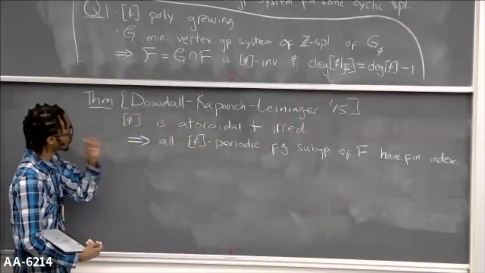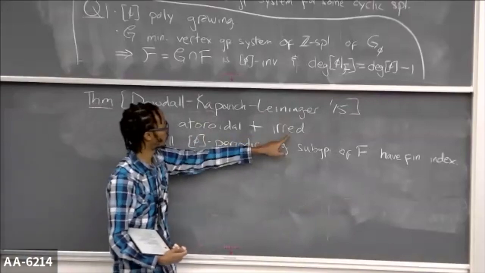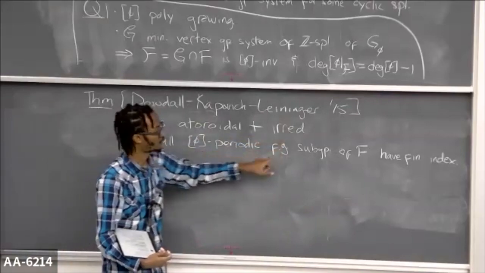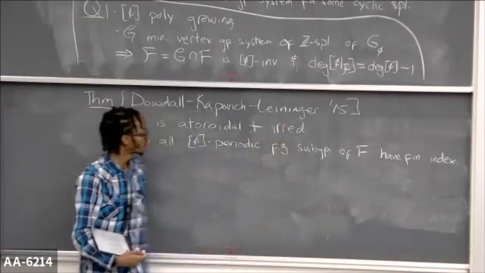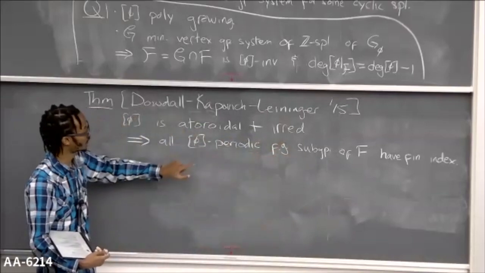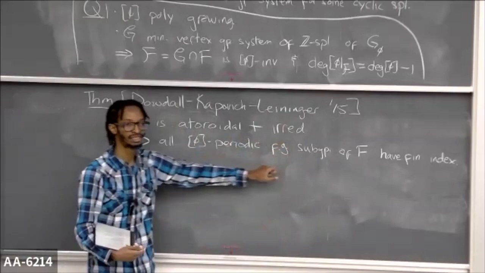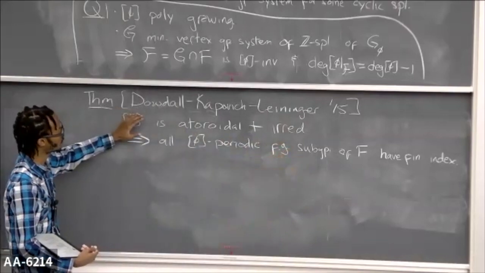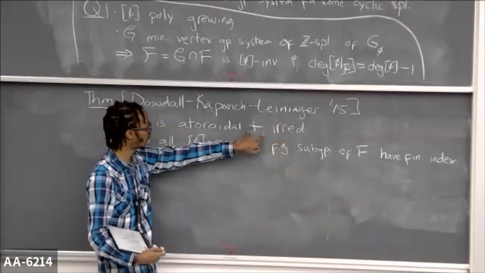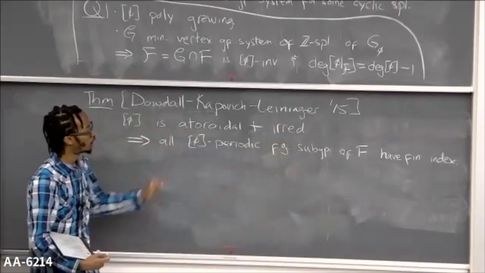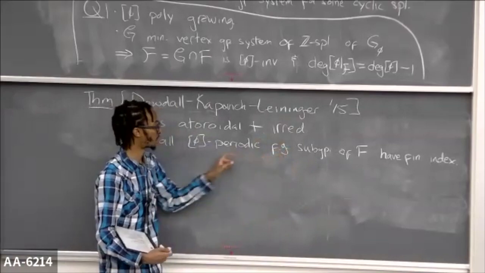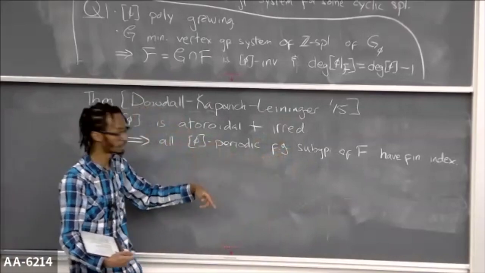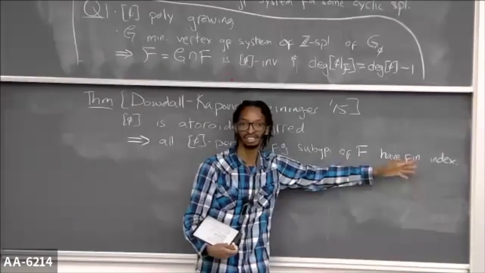So in a way, being irreducible is a statement about invariant free factor systems. Being heteroidal is a statement about periodic cyclic subgroups. And this theorem is saying if you have those two conditions together, then actually all finitely generated subgroups that are free periodic, so that get sent back to themselves up to conjugacy, have finite index in a free group.